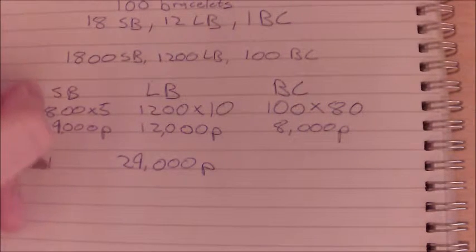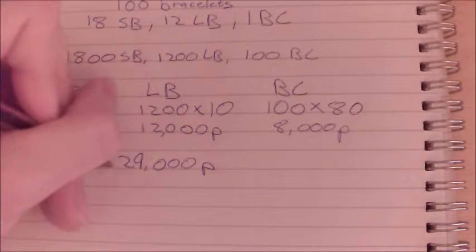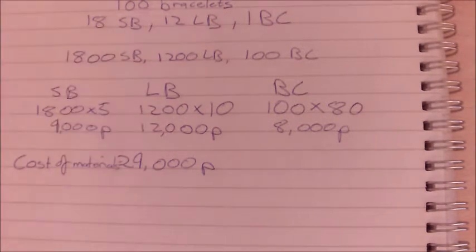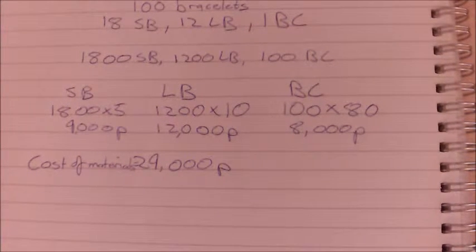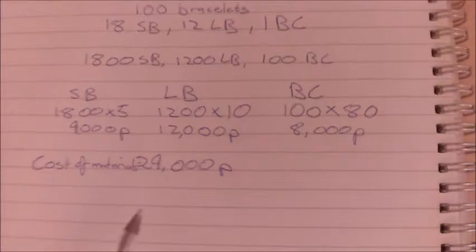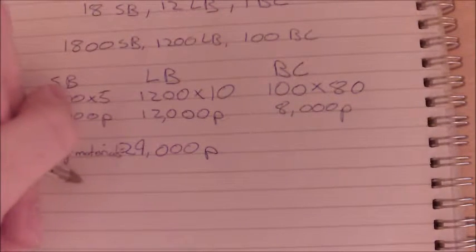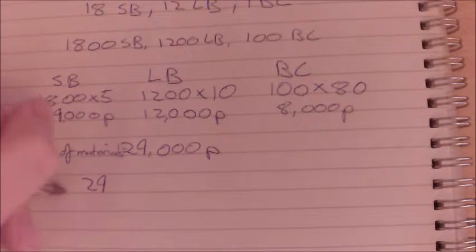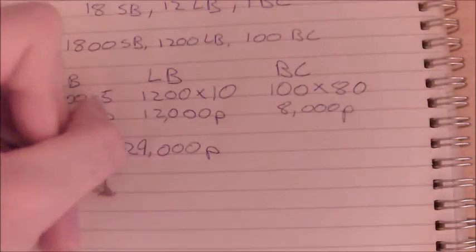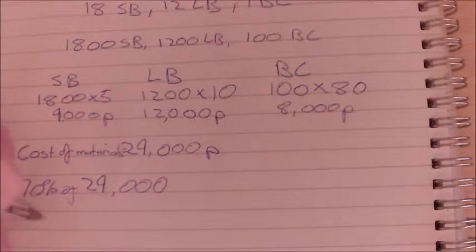So cost of materials is 29,000 pence. He also makes 70% profit on that. And everyone has different ways of working on profit percentages. So we need 70% of 29,000. Firstly, I'd work out 10%.